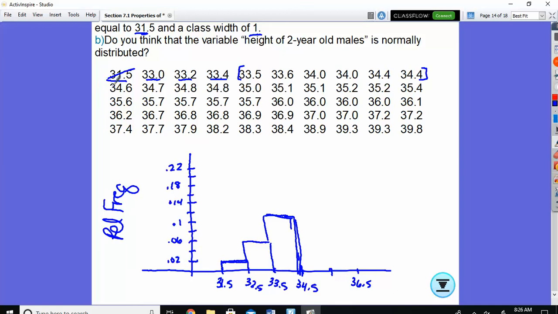Okay, so this would go from 34.5 to 35.4. So we've got 10 out of 50. So that would be 0.2.